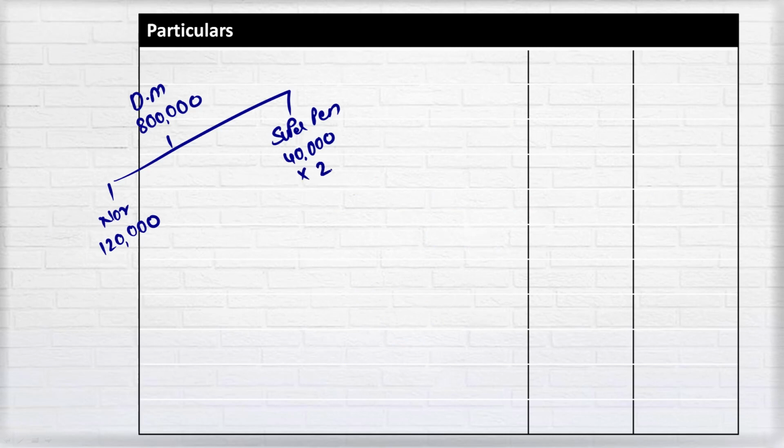I'll tell you. Multiplied by 2, multiplied by 1. What is this answer? 1,20,000. This is 80,000. Sir, so it is 80,000 rupees? No, I am not saying the raw material cost is 1 and 2. But if you multiply 1 over here and 2 over here, this is a good ratio to distribute the cost of rupees 8 lakhs.